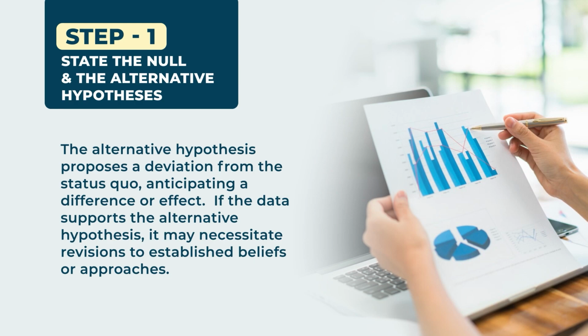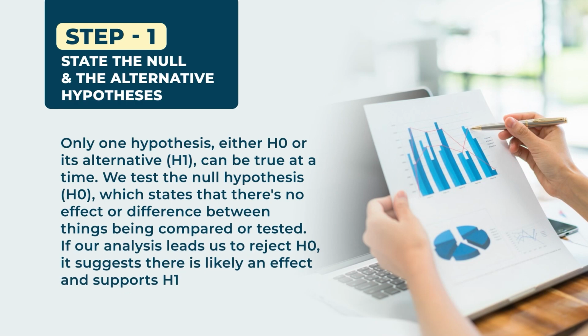If the data supports the alternative hypothesis, it may necessitate revision to established beliefs or approaches. It is important to note that only one hypothesis, either null or alternative, can be true at a time. We test the null hypothesis, which states that there is no effect or difference between things being compared or tested. If our analysis leads us to reject null hypothesis, it suggests there is likely an effect and supports alternative hypothesis.